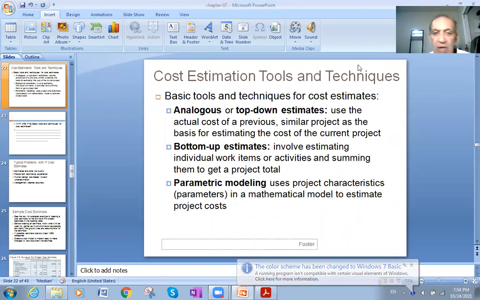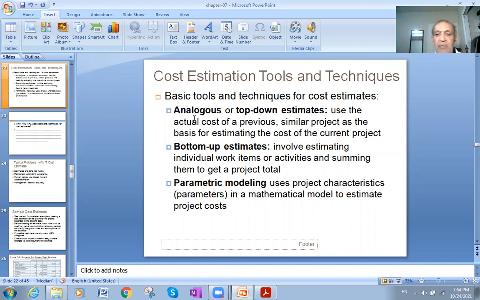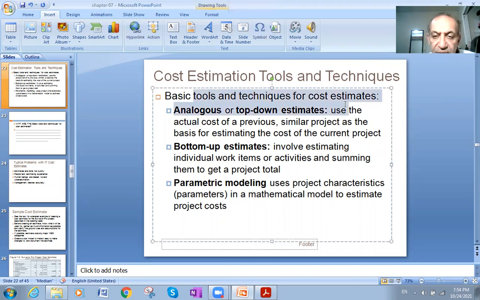Let me remind you quickly that there are a lot of ways and techniques which we use in project management processes to estimate the costs. So we use what we call basic tools and techniques for cost estimations. We use the analog top-down estimates, the bottom-up estimates, and parametric modeling. So we use three kinds of estimations for project management.